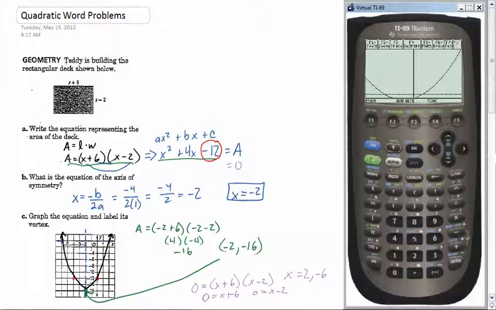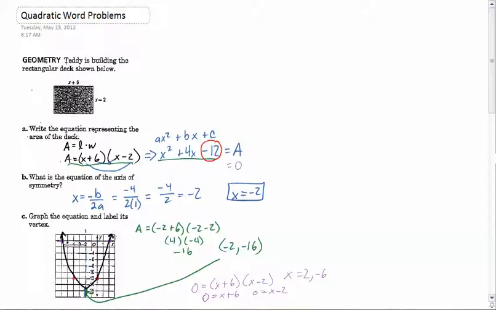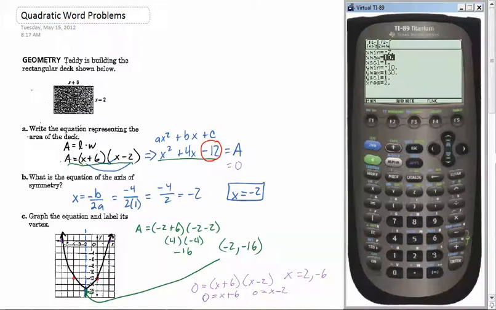So we need to go into the window. And if I look at my graph over here, it's asking for the x minimum. So the minimum x value here, -5, -6, goes to -7. So I'm going to type in -7. And the maximum x value, it goes from 0 to 1 to 2 to 3 over here. So 3. So we'll put 3 for that. Don't worry about the scale.